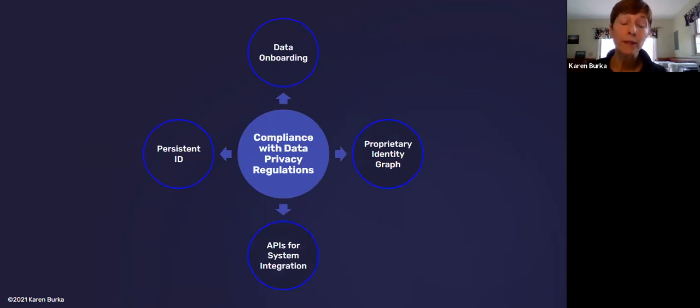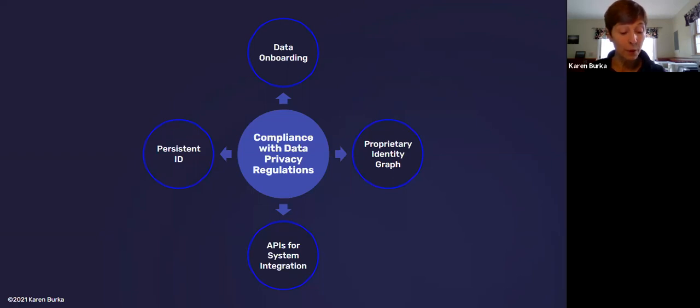At the center of identity resolution, and why it's in the title of our webinar today, is compliance with data privacy regulations. What connects the capabilities is that the expansion of data privacy regulations is making data governance and customer preference management really critical capabilities for today's marketers.